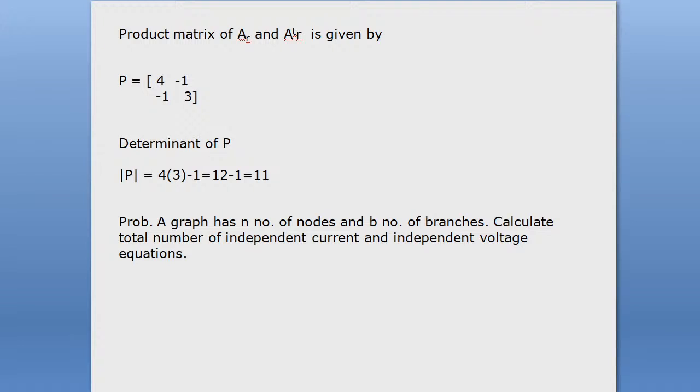So you see, I am asking how many current equations and how many voltage equations you will get from a graph which has n nodes and b branches. You know that the number of voltage equations is equal to the number of twigs, the branches associated with the tree. That means n minus 1. You also know it from Kirchhoff's voltage law, node equation.